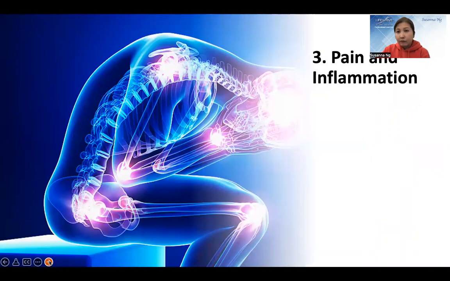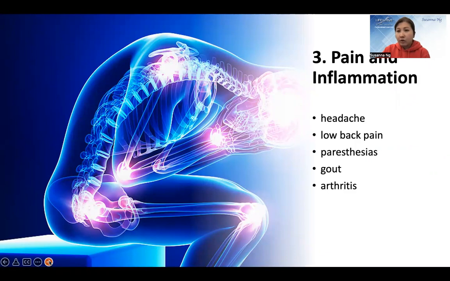And the pain and inflammation: if we consume too much sugar, too much salt, our body will also get inflammation more easily. And the pain will be created by our digestion issues, and then we cannot detox in our body.